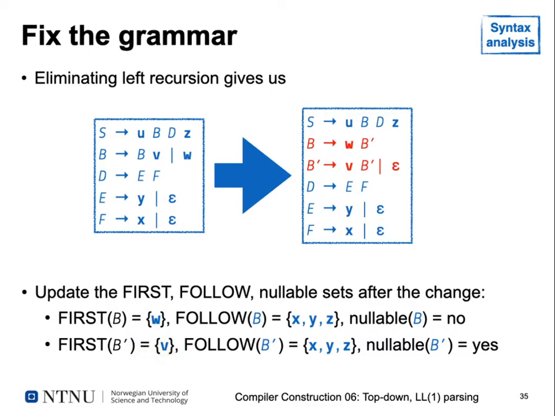That's easy because either it's epsilon, so it doesn't derive anything, or it's terminal symbol V and another B prime recursively. So our first set is just the terminal symbol V, and our follow set is again X, Y, Z here, because we go through D and can derive an X or Y or this Z here, and we've seen B prime can directly resolve to epsilon, so it's nullable.